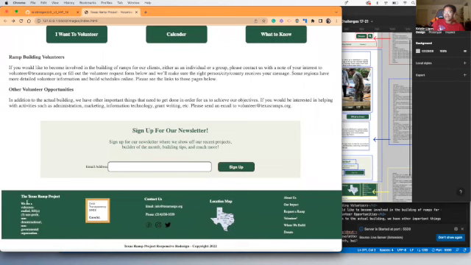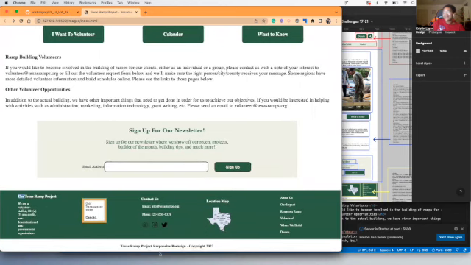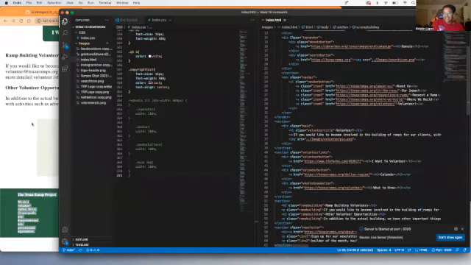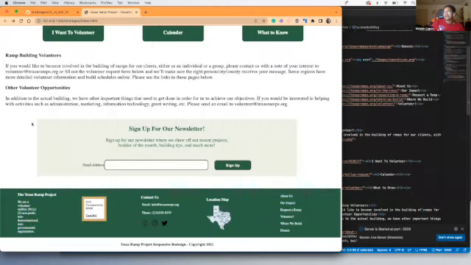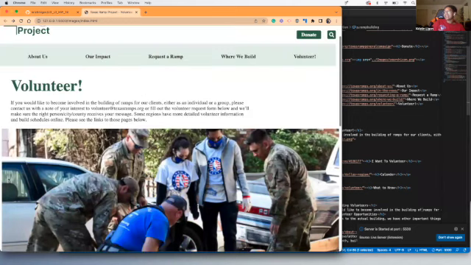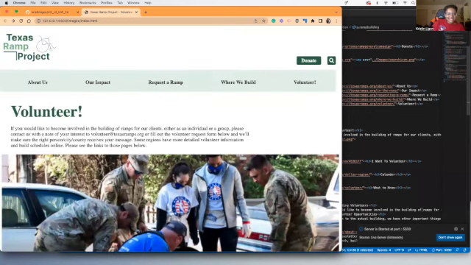And I will say I'm super, super proud of this footer, because the footer was a pain in the butt, and YouTube helped so much with figuring out the columns inside of this footer and being able to use Flexbox to make the columns and the rows easier to write out. And I'm really proud of the fact that I was able to complete that. But yeah, that is homework week 18.